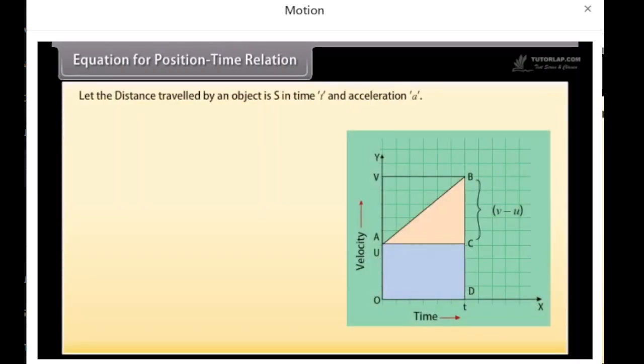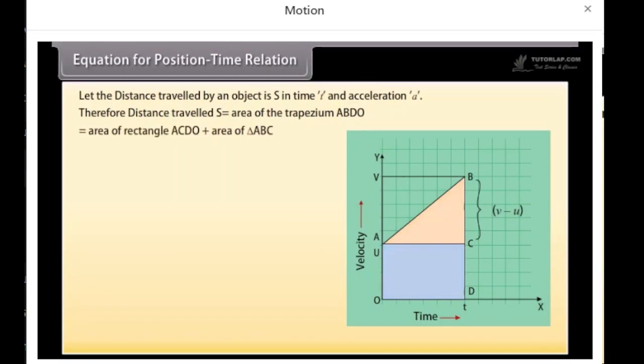Equation for position-time relation. Let the distance traveled by an object be s in time t with acceleration a. We can see that the distance traveled by the object is obtained by the area enclosed within the graph. Therefore, distance traveled, s, is equal to the area of the trapezium ABDO, which equals the area of rectangle ACDO plus the area of triangle ABC, which is OD into OA plus 1 upon 2 BC into AC.